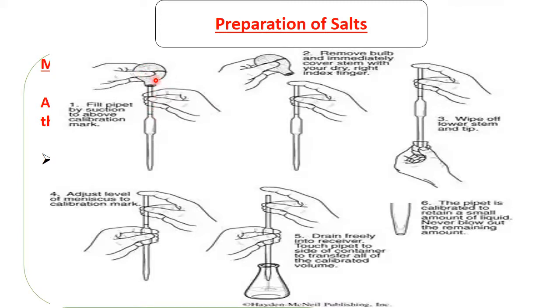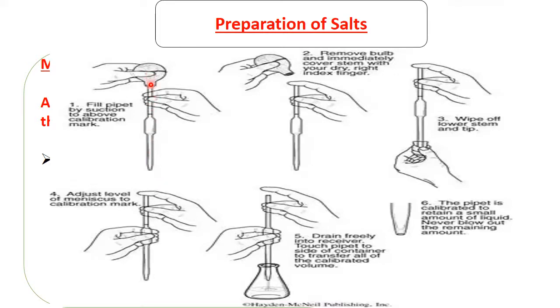This bulb is something that you can squeeze, not like a light bulb. No, it's a rubber, something you can squeeze. So what you do is you put your pipette in the container which has the liquid which you want to transfer to another container. When you do that, you squeeze your pipette.